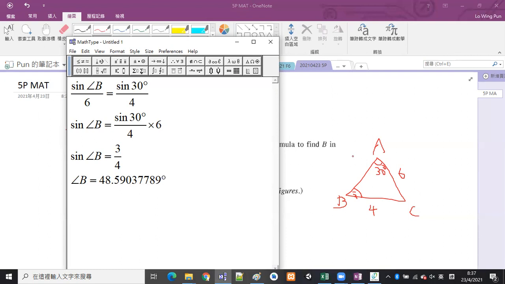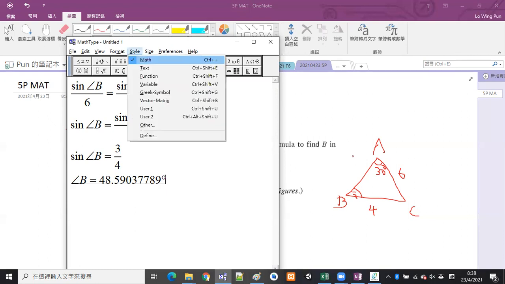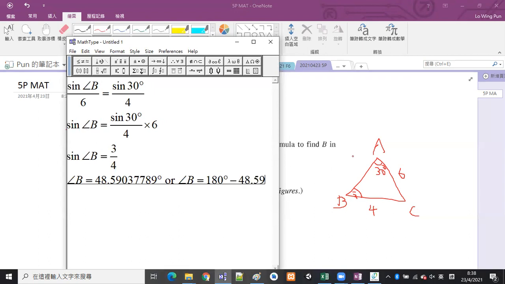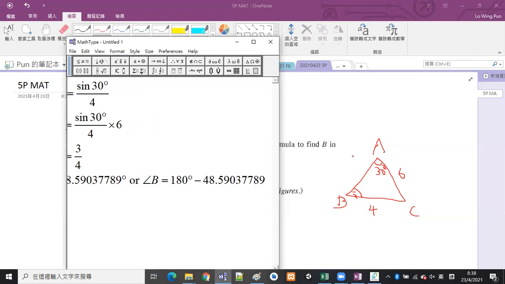And then we will have a second possibility, angle B is equal to 180 degrees minus this number. So 180 degrees minus 48 point this.